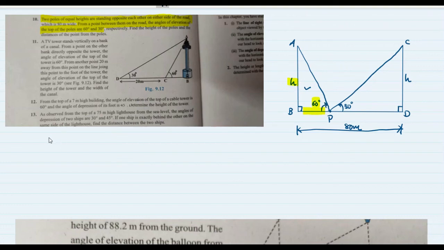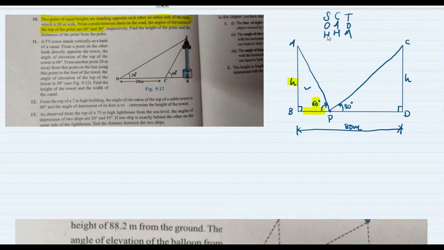So can you tell me, Upasana, which ratio relates the adjacent to the opposite? Remember SOHCAHTOA. S means sine.